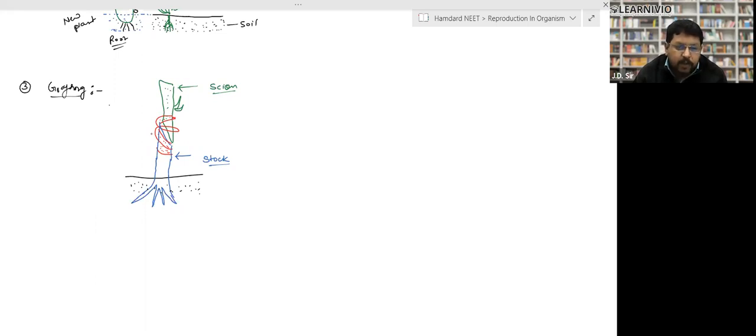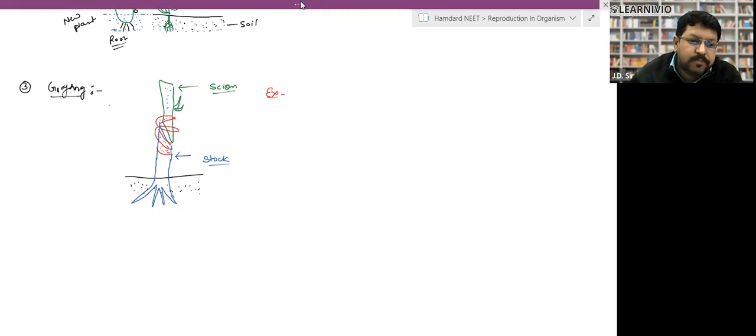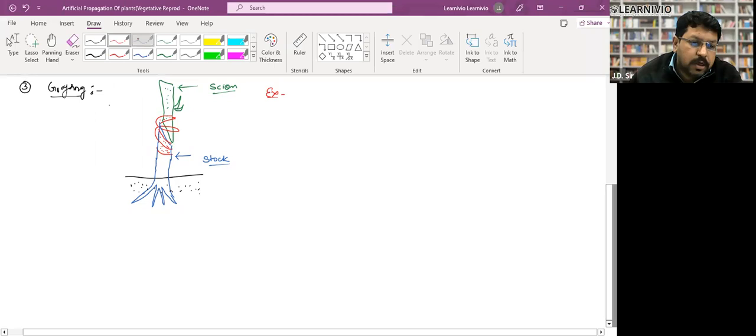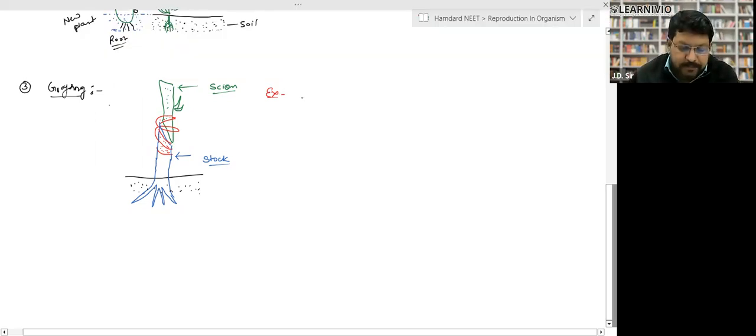The stem having root is called the stalk, and the stem without root is called the scion.